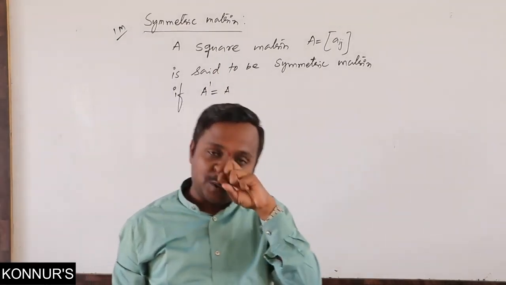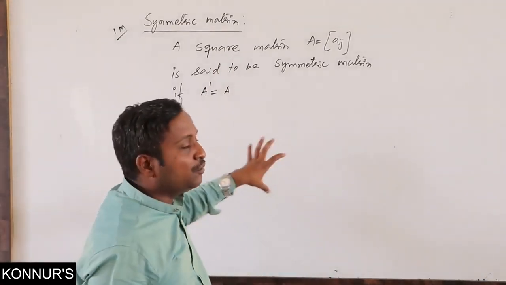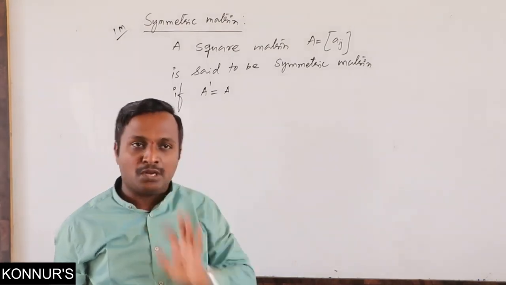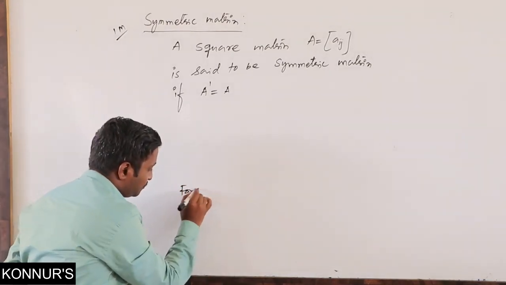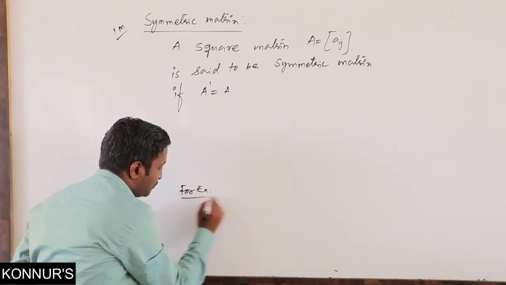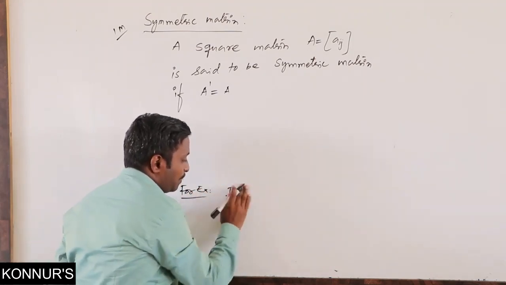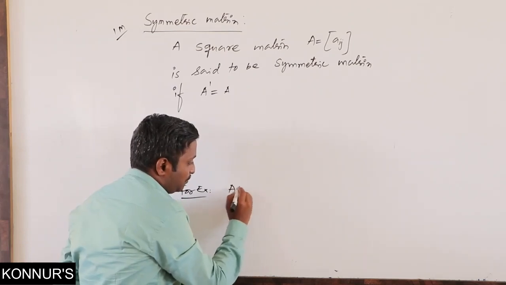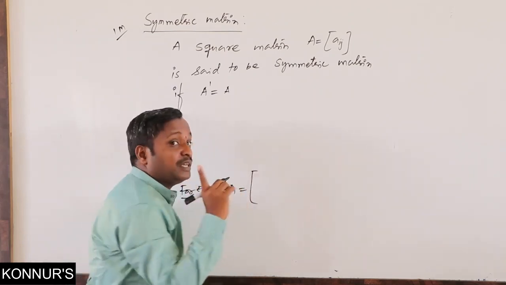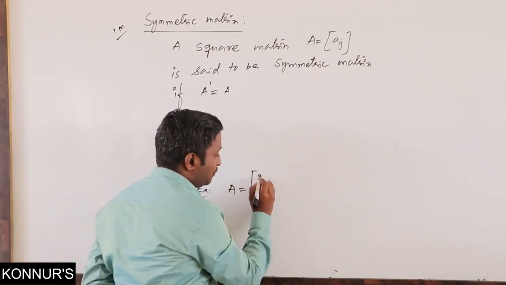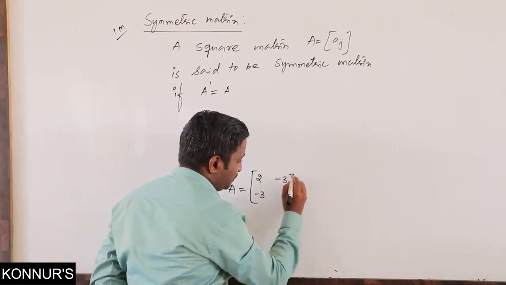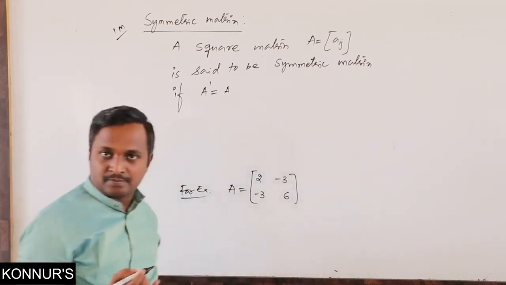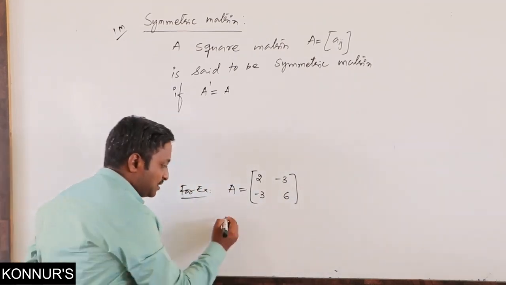I will write 2 examples. In that, we can observe which is symmetric and which is not. Just look at the example. I will take A matrix. It should be a square matrix, be careful: 2, -3, -3, 6. This is the A matrix. What about A dash?